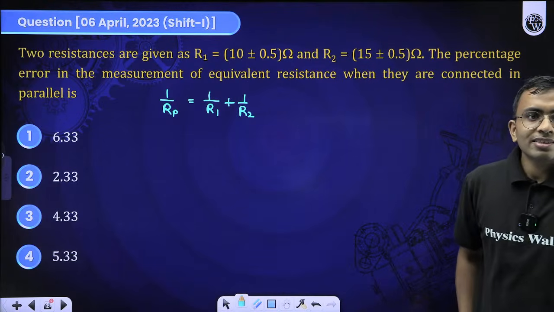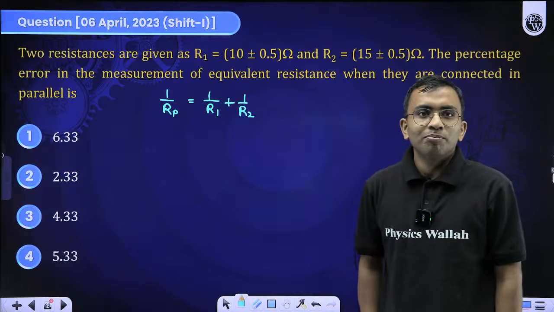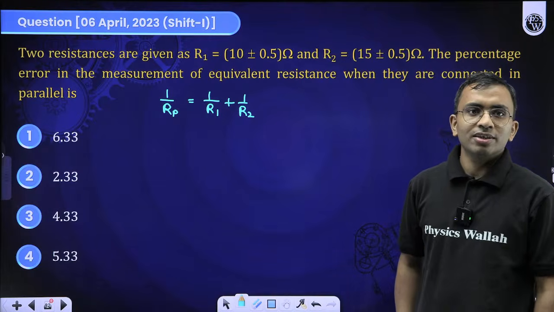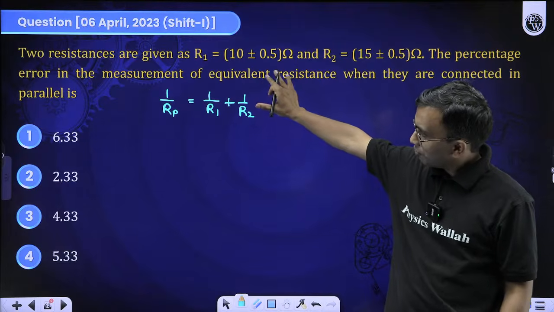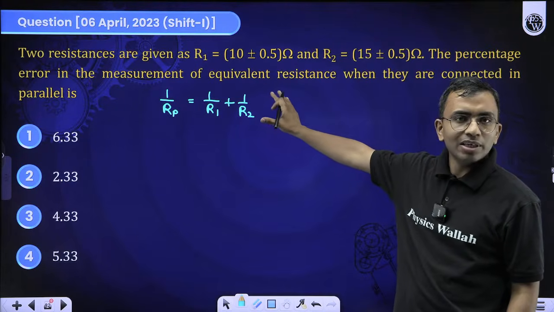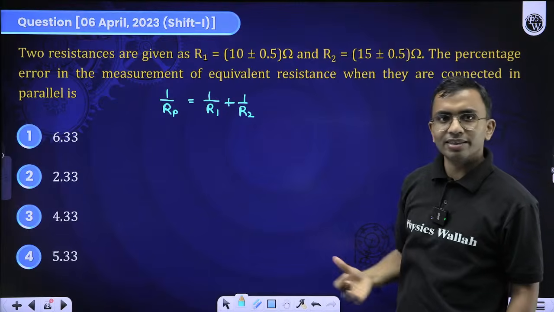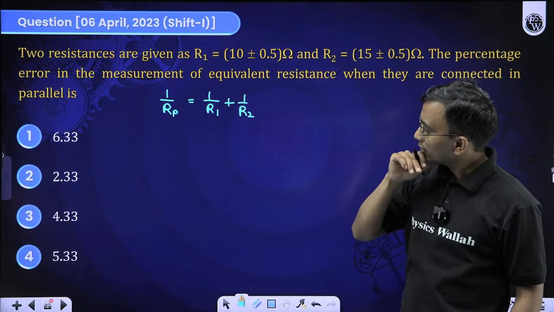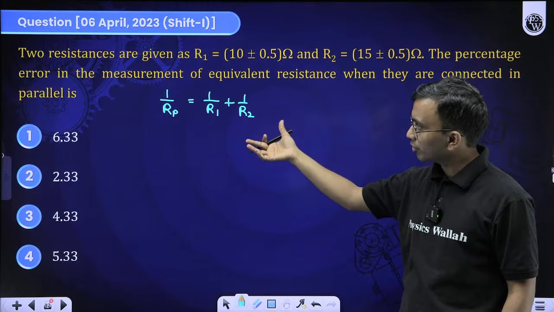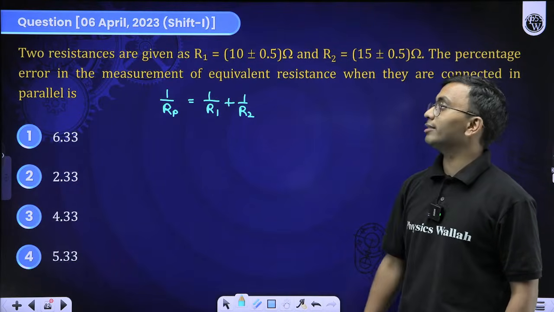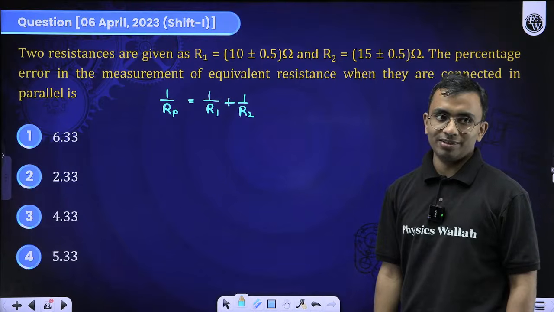Now the thing is, we know this formula for finding the equivalent resistance when they are connected in parallel, but this is not a power, this is not multiplication, not division directly. So directly you cannot write the error relationship here.